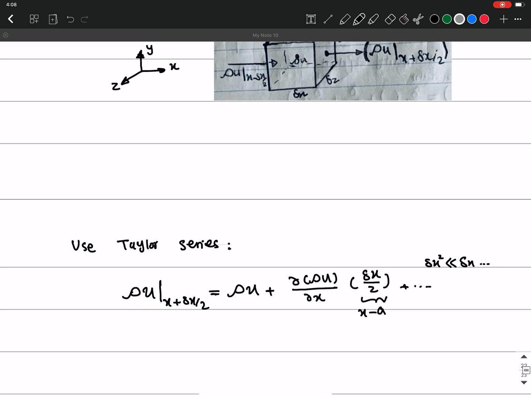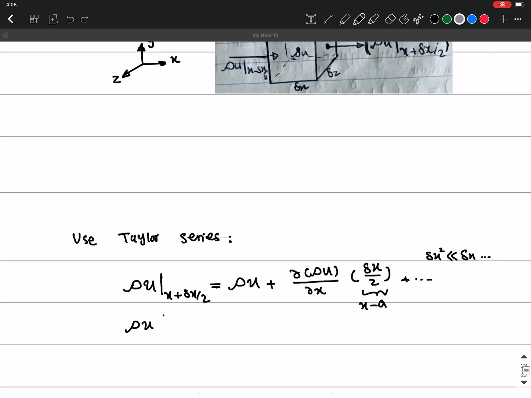And similarly for rho u at x minus delta x over 2, this equals rho u minus partial rho u over partial x times delta x over 2, right? So this x minus a here is actually minus delta x over 2, so that's why we have a negative sign here, plus other terms that we neglect. So that is based on the Taylor series.